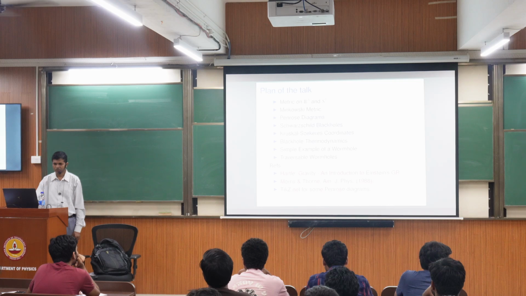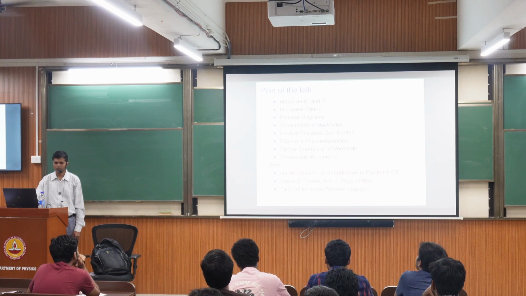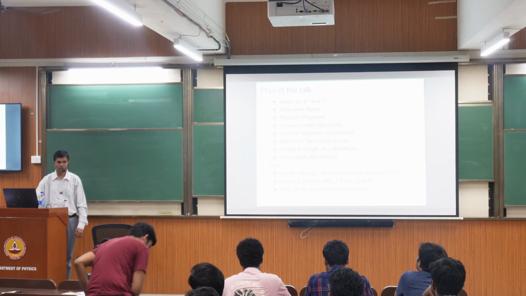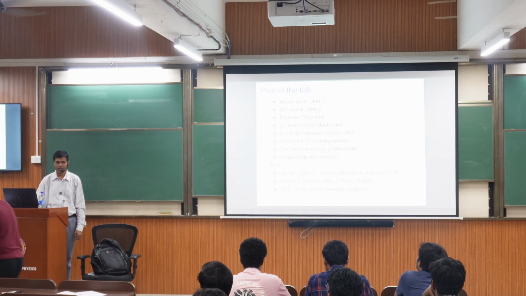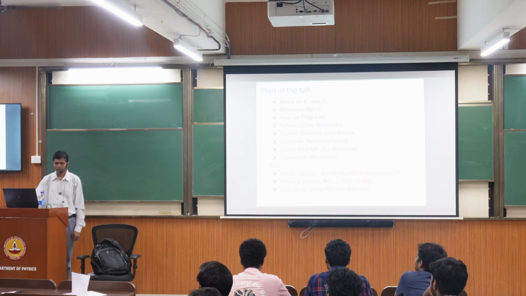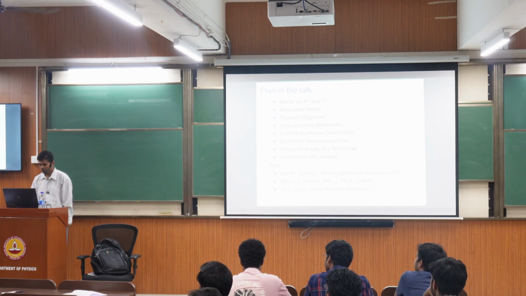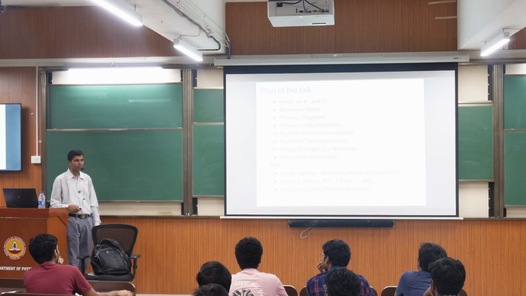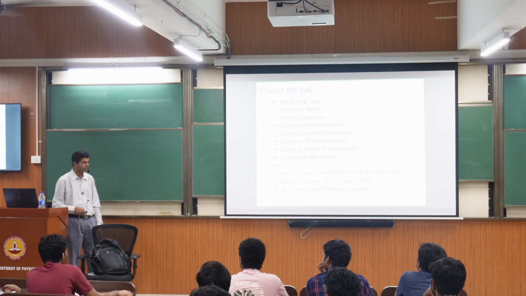So before I explain, I should talk about the references. More or less everything that I talk about here can be found in this excellent book by Hartle, An Introduction to General Relativity. Hartle is a very well-known physicist who has done many seminal works in general relativity, and he has also written an excellent book which anybody can read and understand.